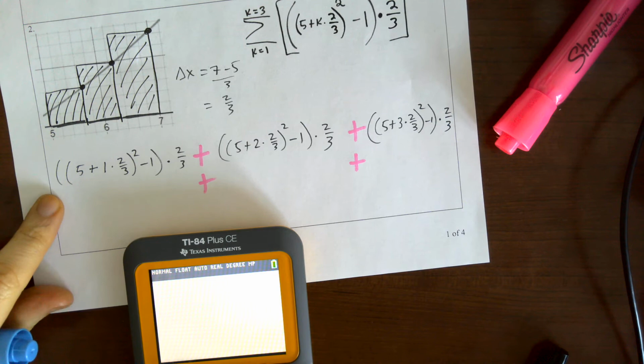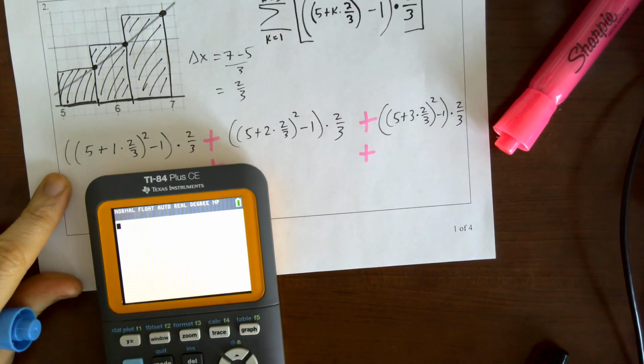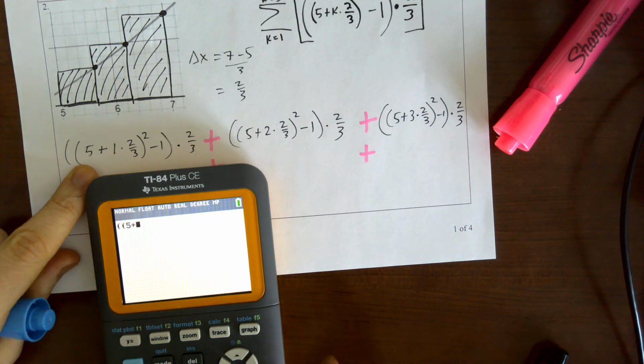Be very, very careful with your parentheses. So parentheses, 5 plus 1 times 2/3, which is just 2/3. Now I'm closing parentheses, I'm squaring that, I'm subtracting 1.